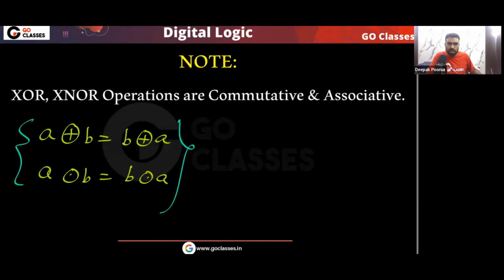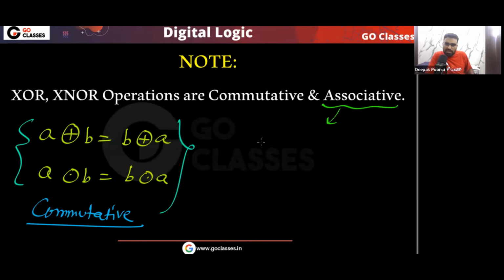Both are commutative and both are associative. Now let's see the associative property also. The associative property is like this: if you have A XOR B XOR C, you can do the first XOR first, or you can do the second XOR first.